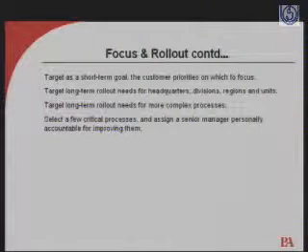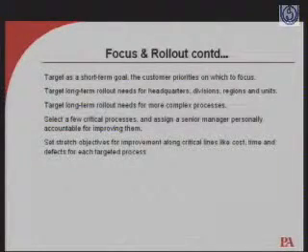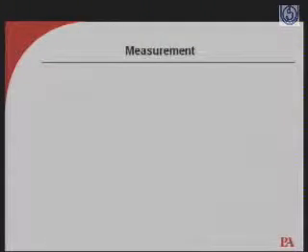Select a few critical processes and assign a senior manager personally accountable for improving them. Set stretch objectives for improvement along critical lines like cost, time and defects for each targeted process.